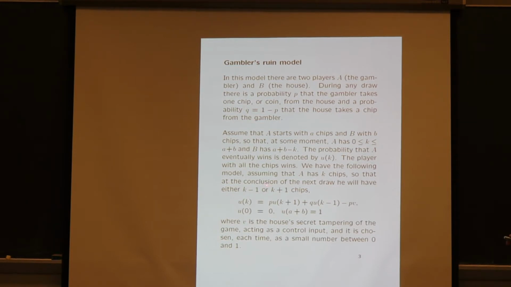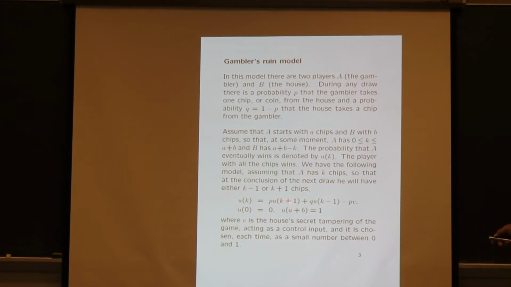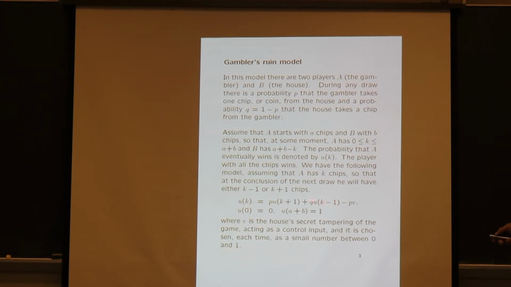If we call U the total number of chips in the following draw, there is a probability p of value u_k plus 1, with a certain constant, that the gambler will have k plus 1 chips, and a probability q that he will have k minus 1 chips.